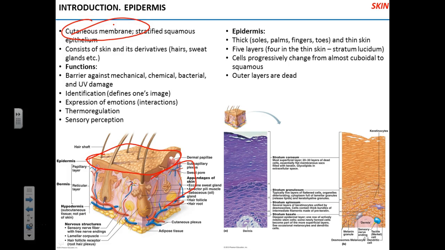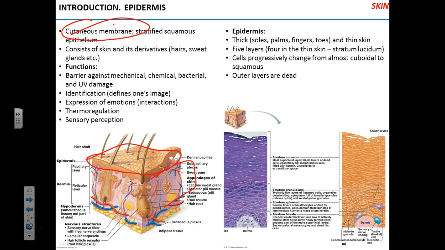Skin, I mean protection, we got it. How else does it contribute to survival of the organism? When we can express our emotions, it helps us to communicate with other members of the population, and it helps us to survive in the population. Humans don't live by themselves.